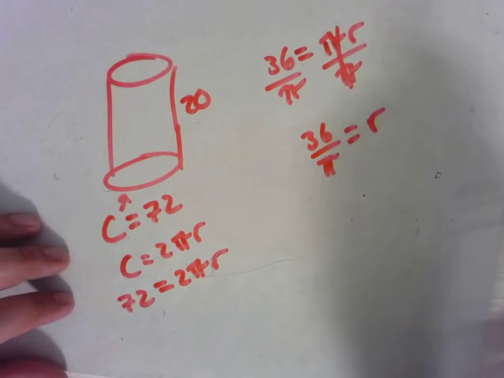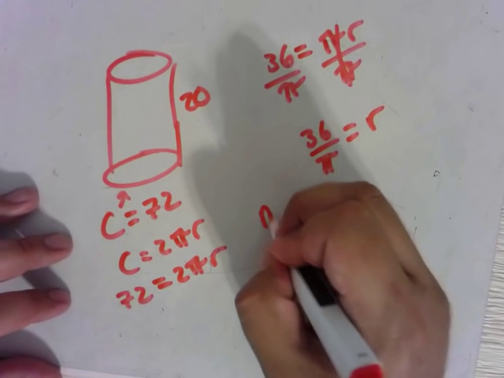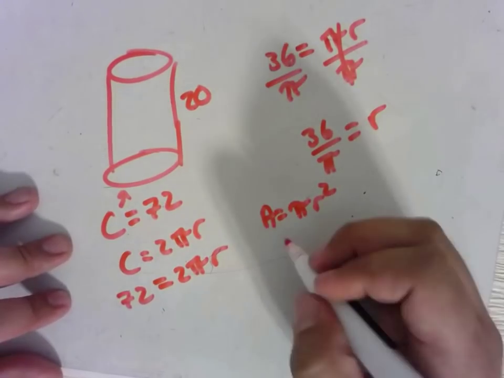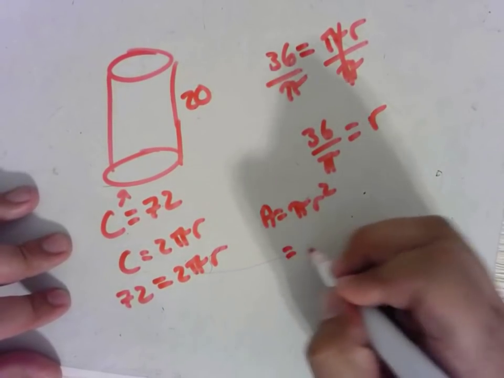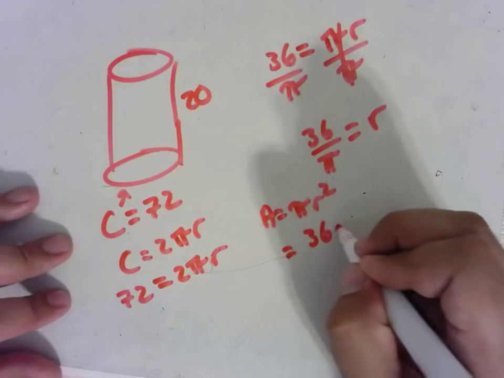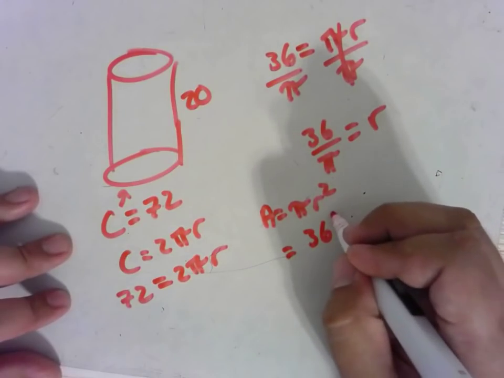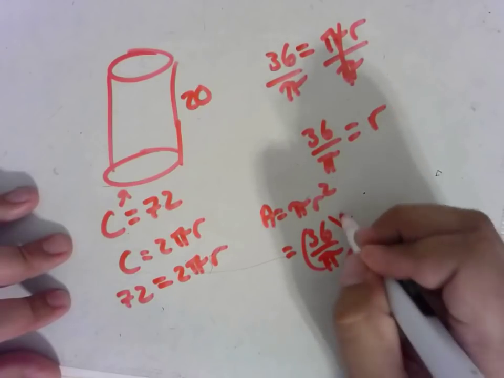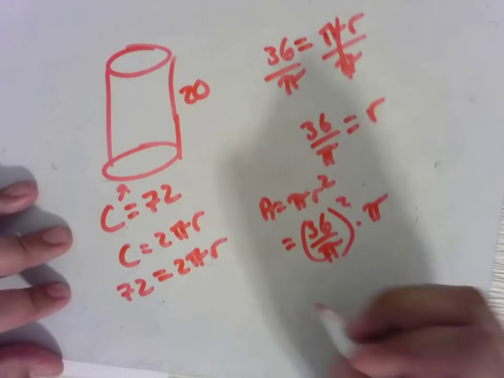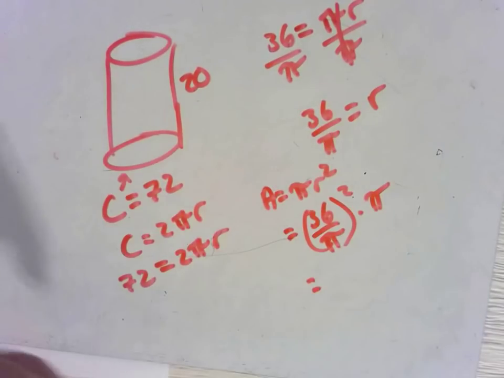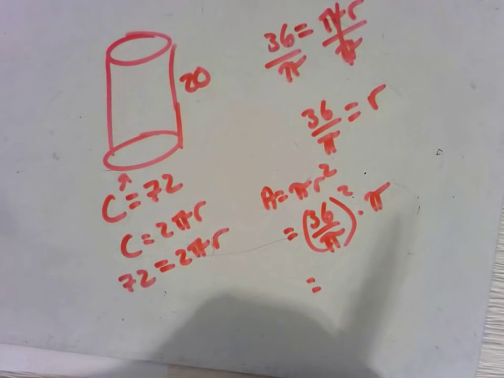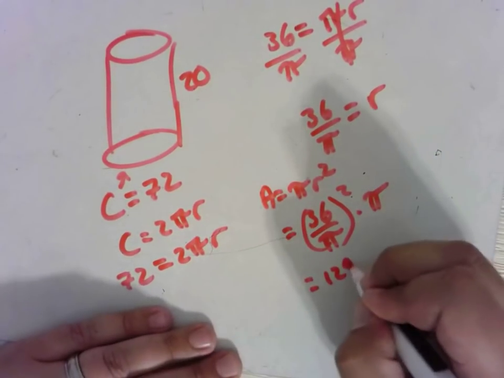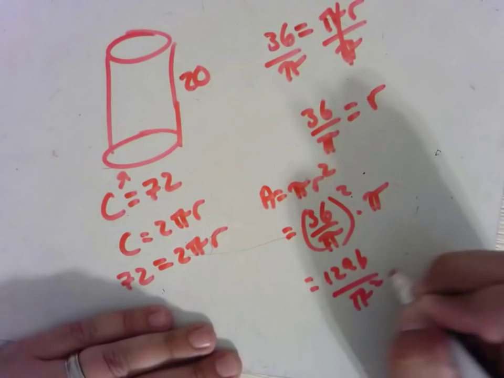That's the radius. I need to find the area. Area of the circle, pi r squared. Well, I now know what r is. So area equals 36 over pi, squared, times pi. Well, this becomes 36 squared, which is 1,296, over pi squared.